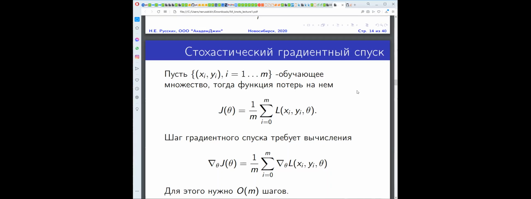Неградиентные методы значительно более долгие, среди градиентных есть градиентный спуск, а все остальное это очень неортодоксальные подходы.